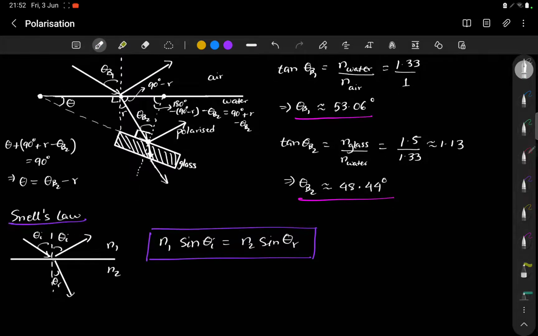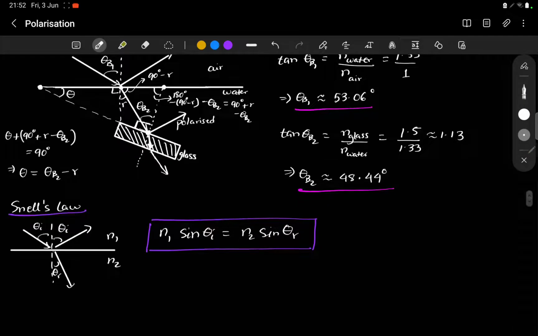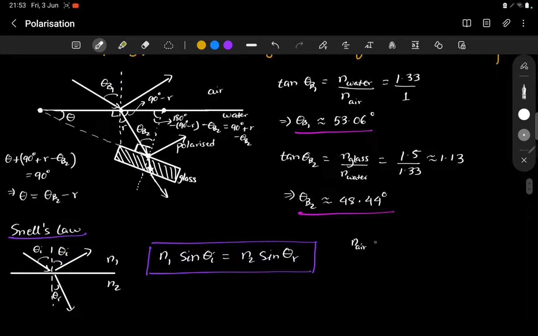Let us use this for the air-water interface that we have. In our example, the incident angle for the air-water interface is theta B1 and the refracted angle is R. The refractive index of air is taken to be 1, and for water it is taken to be 1.33.